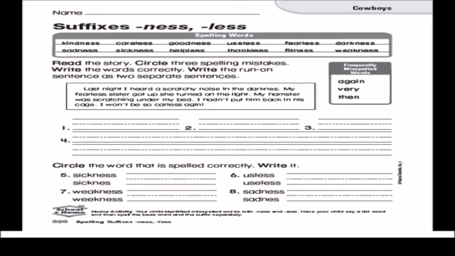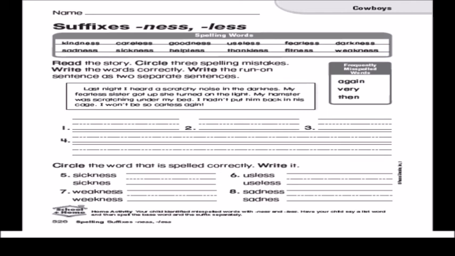So here let's read the story. Last night I heard a scratchy noise in the darkness. My fearless sister got up and turned on the light. My hamster was scratching under my bed.